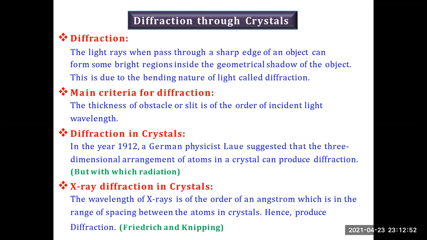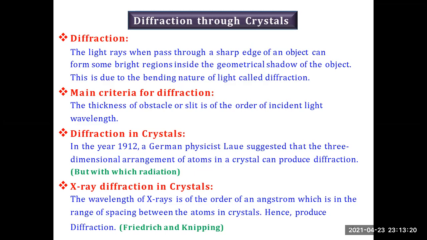In the year 1912, a German physicist, Laue, suggested that the three-dimensional arrangement of the atoms in a crystal can produce diffraction with respect to radiation. And how is this X-ray diffraction in crystal taking place?